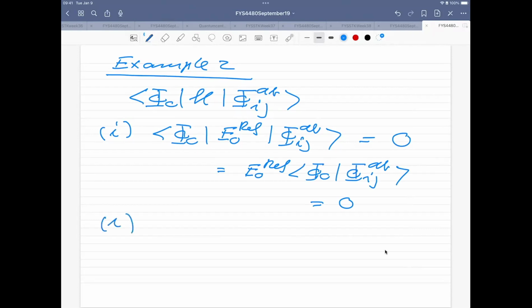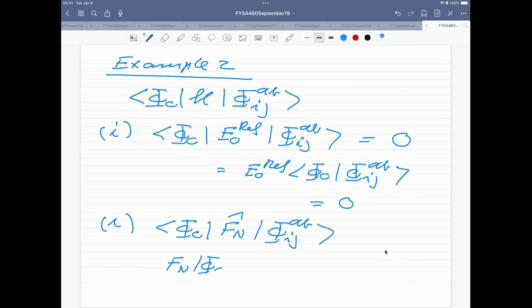Let's now take the next piece here and look at phi 0, and then we have the operator Fn. And now we are just going to run through the calculation. But at the same time, I'm going to try to develop your intuition so that you can see immediately that this is going to be equal to 0. And to develop the intuition, if you now look at the operation of Fn on phi 0, that is going to give us something which is a constant multiplied with a one particle, one hole state.